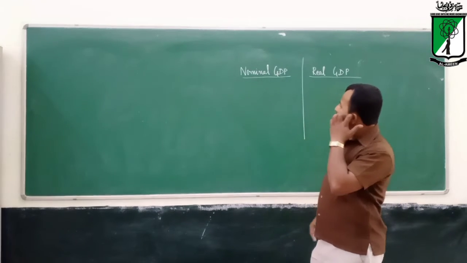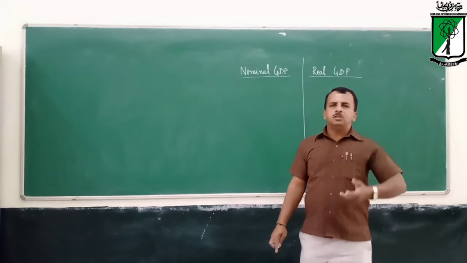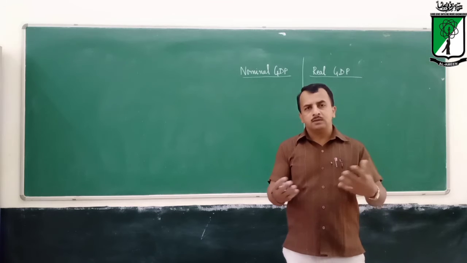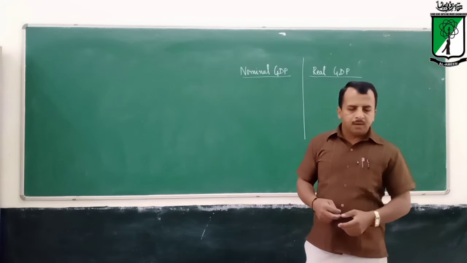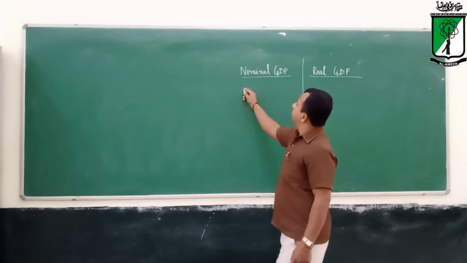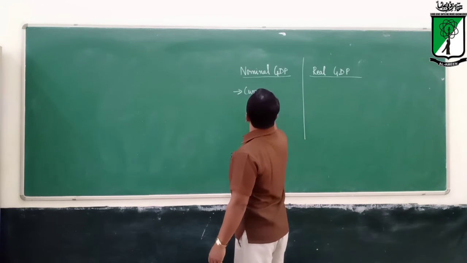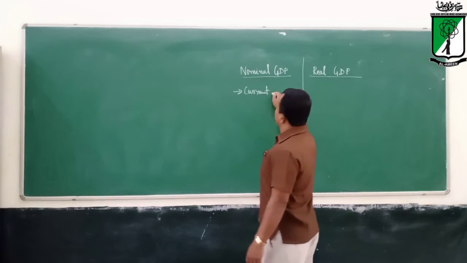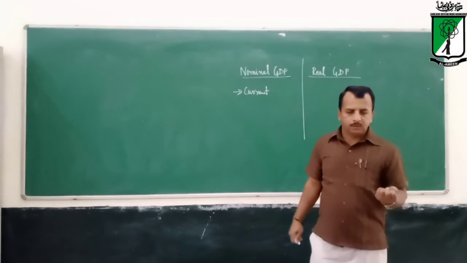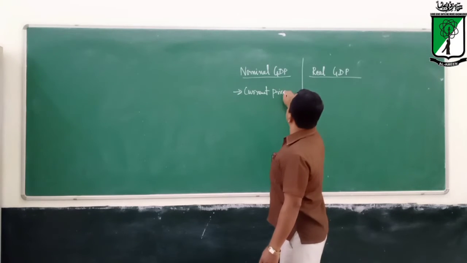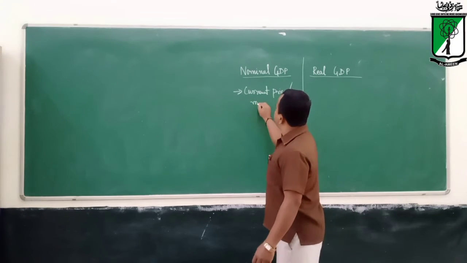See, first thing is nominal GDP. Nominal GDP is the income or GDP, or the national income, which is measured at current price. Current prevailing or market price.